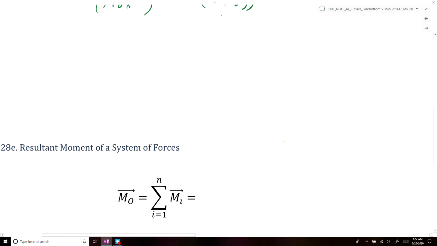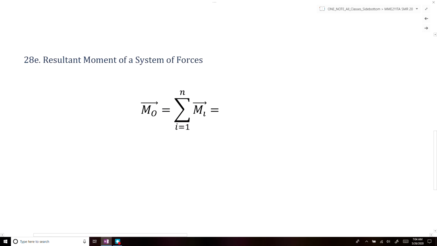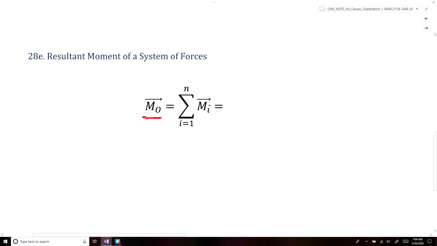The last thing is if you want to find the resultant moment for a system of forces. If you have multiple forces being applied at the same origin point, you can calculate each of the moments individually, and then sum up their components to determine the final moment.